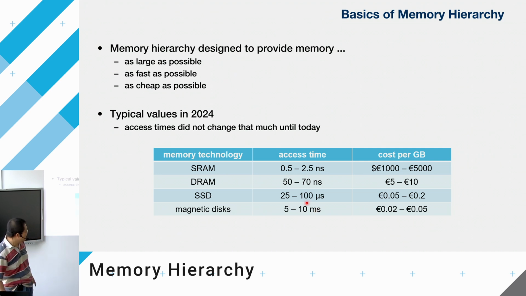It's very slow, but the cost is very low. Because of this memory hierarchy, we are able to have lots of storage for large data, but also for computation, we can utilize the very fast but expensive memory.